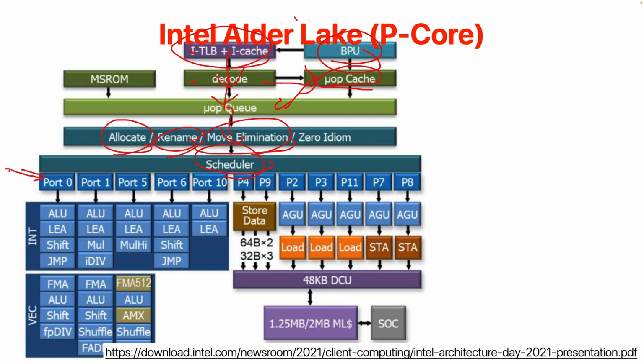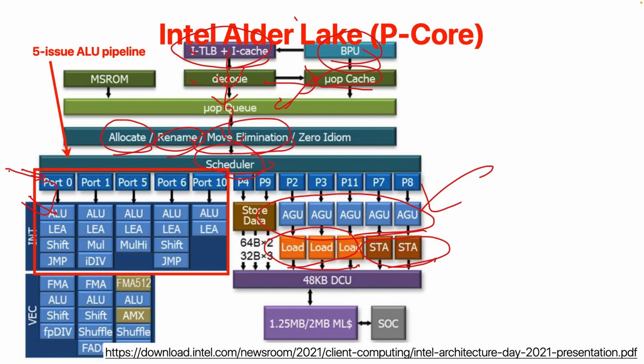The scheduler will pick an instruction into one of the issue ports. And the ports will be connected to either ALUs or AGUs. The ALUs are the ones that perform arithmetic logic operations. And the AGUs, you can see 3 of them are connecting to the load units, 2 of them are connecting to the store units, which means that the AGU is used to generate addresses for memory instructions, and 3 of them could be used for loads, and 2 of them could be used for stores. So in theory, you can actually execute 5 ALU instructions in parallel, 7 memory instructions in the pipeline.